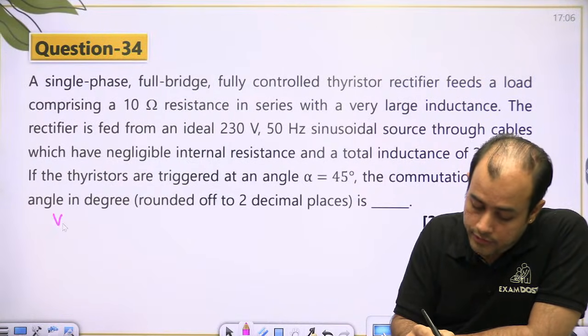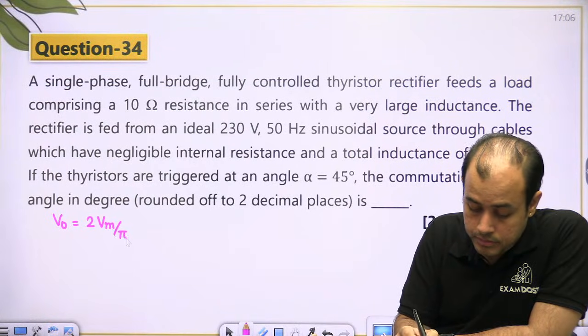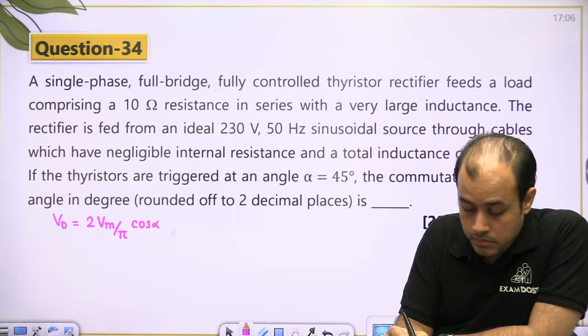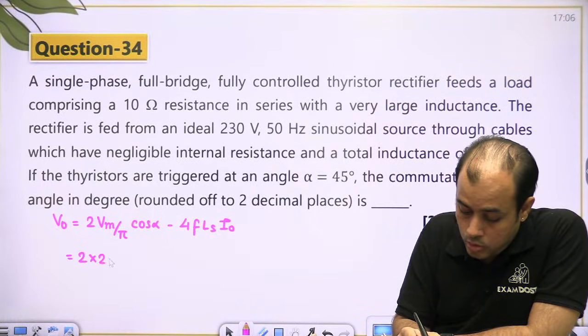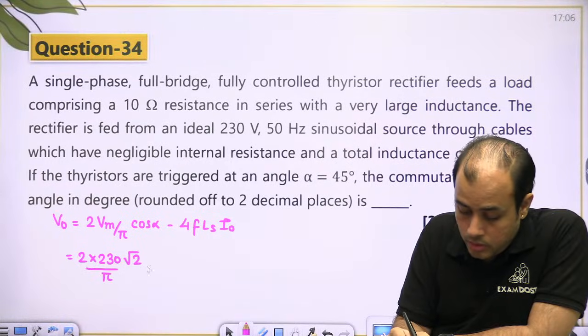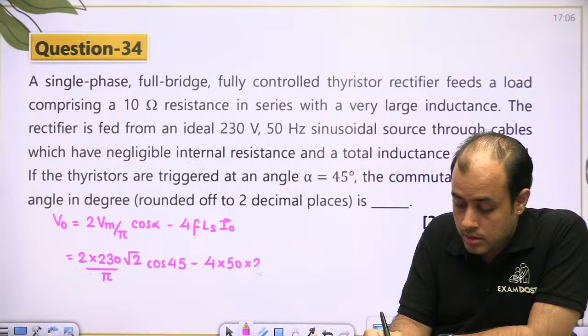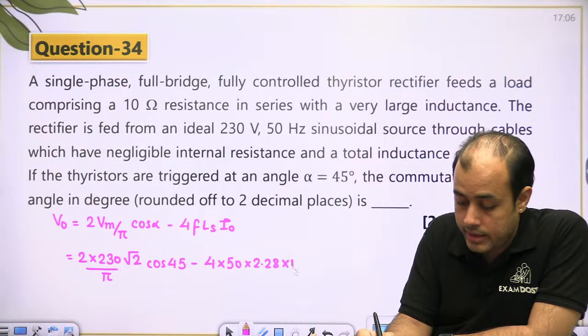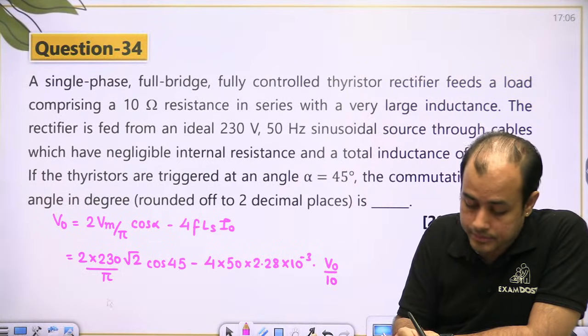First of all, I will apply the formula. Now 2 into 230 root 2 by pi cos 45 minus 4 into 50, 2.28 millihenry. I naught I will write as V naught by R.